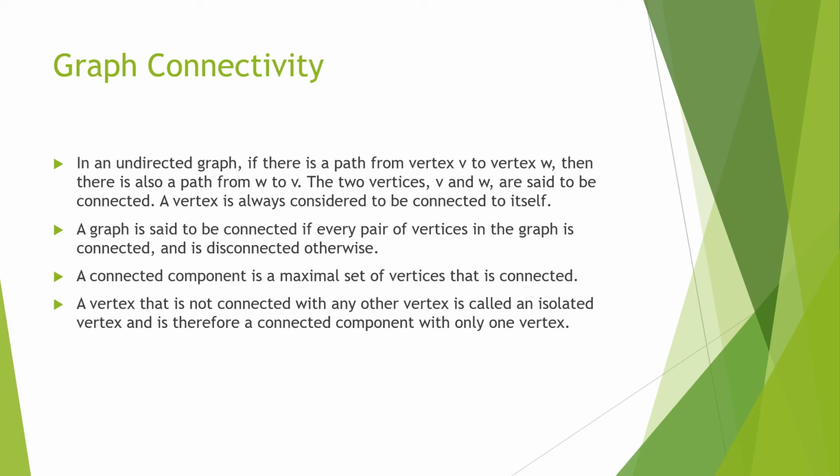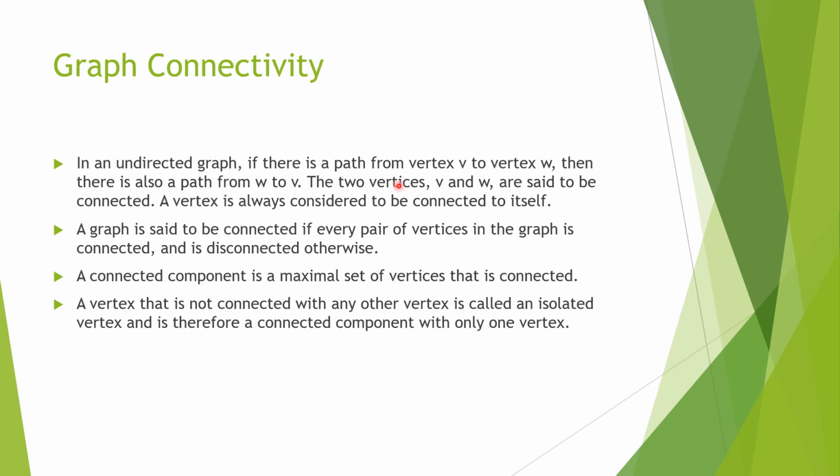Next, we define graph connectivity. In an undirected graph, if there's a path from vertex V to vertex W, then there is a path from W to V, which means if there's a path from one point to another, there should be another path in the opposite direction.